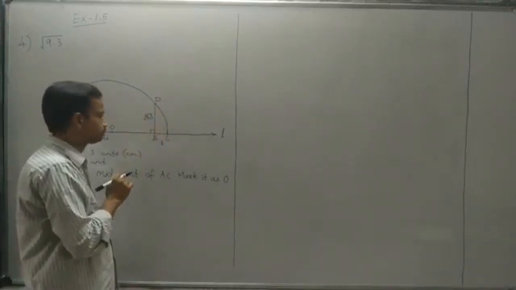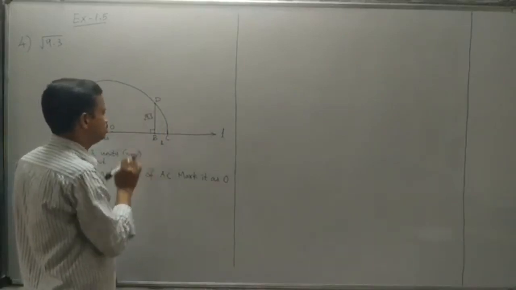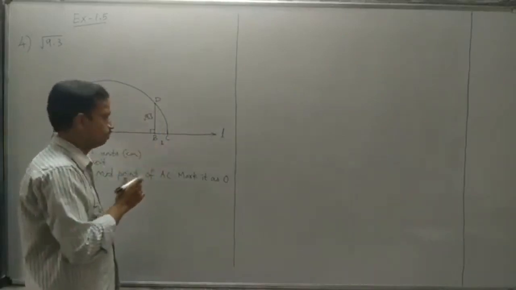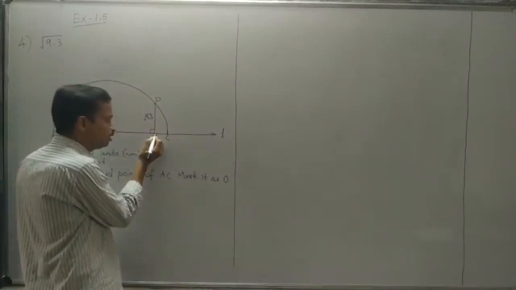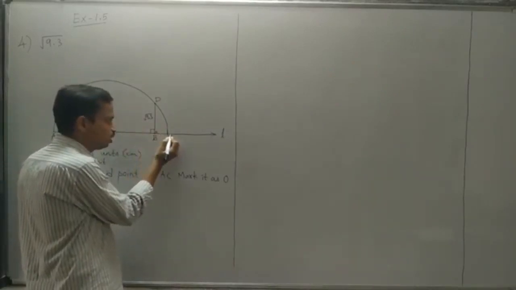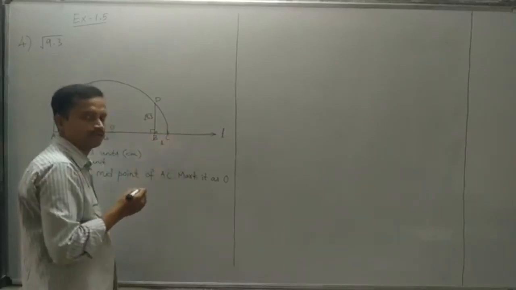Keep B as the zero, because from here DC is 1 unit. Therefore, we can take this as 0 and this as 1. Like that we can take it.